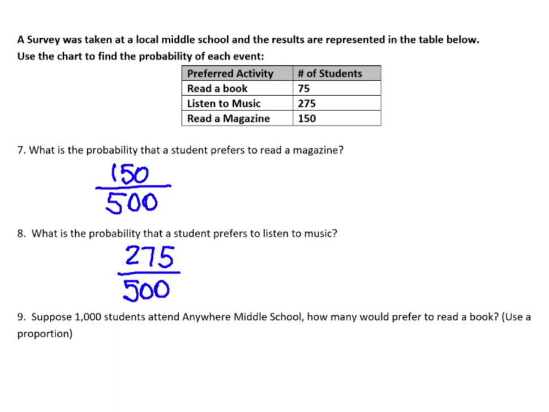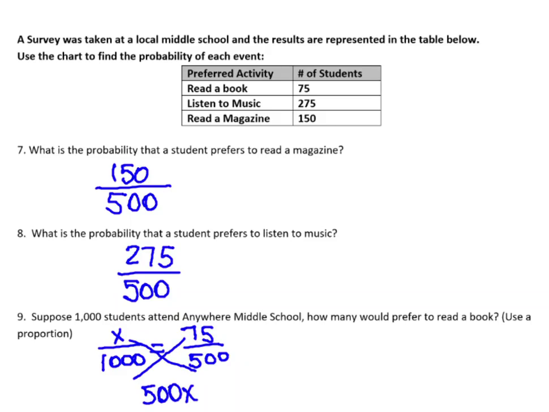Suppose there are 1,000 students. How many would prefer to read a book? Use a proportion. So I'm looking for X out of 1,000. Reading a book is 75 out of 500. Cross multiply. 500x.